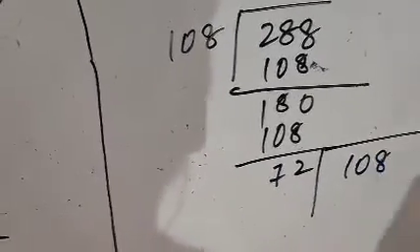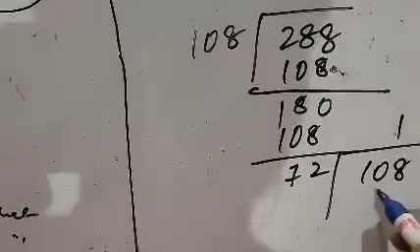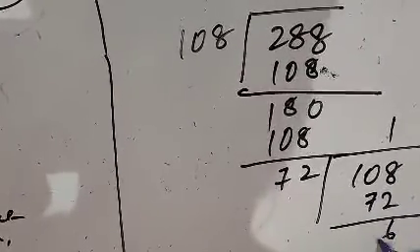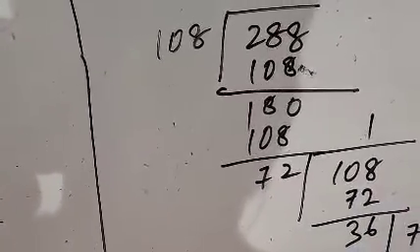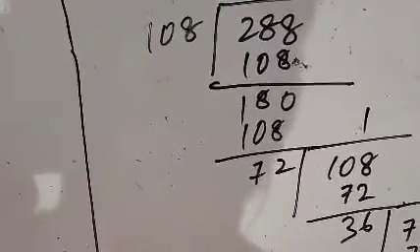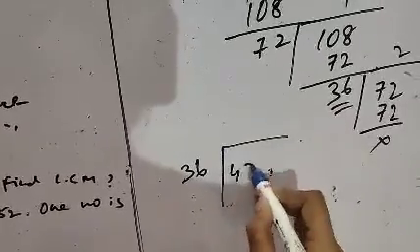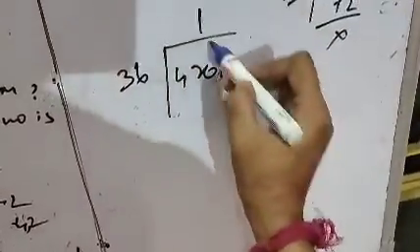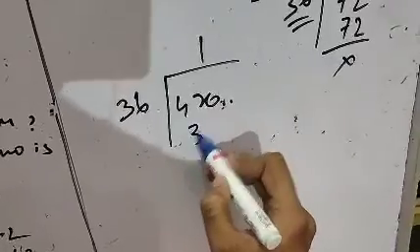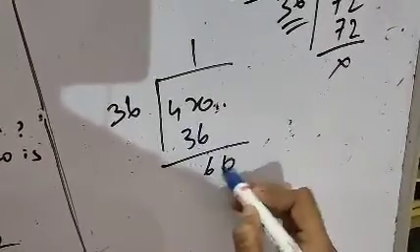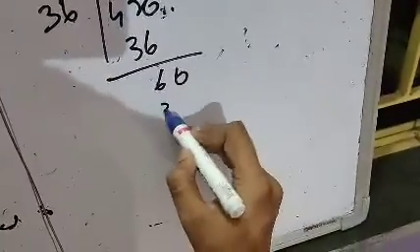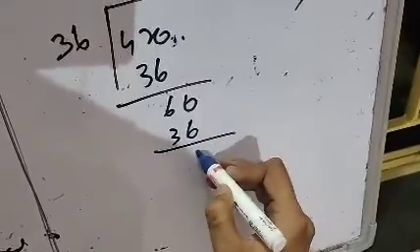Now 72, so HCF is 36. Next number is 420, 36 and 420. 36 ones are 36, 6, 0. 36 ones are 36.